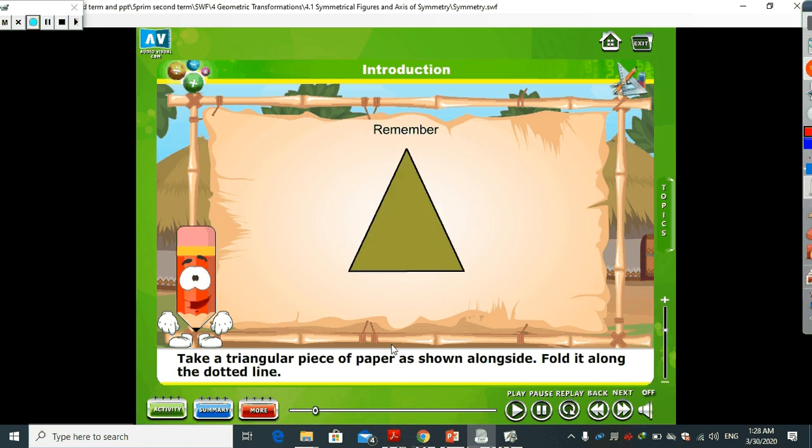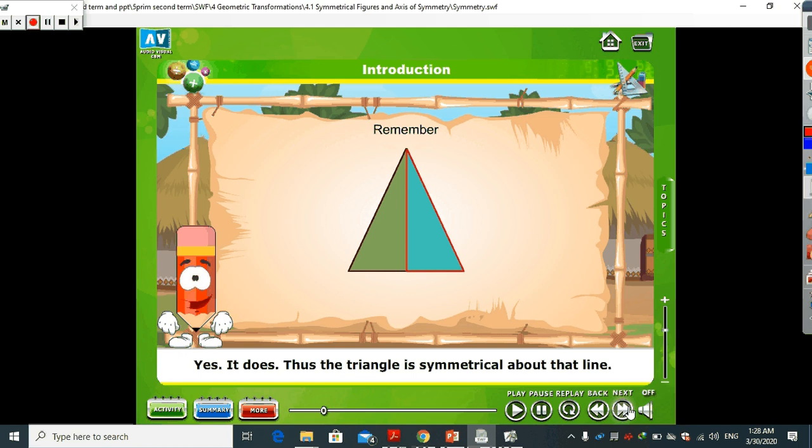As you see here, this is the isosceles triangle, the 2 parts identical. The triangle is symmetrical about that line.